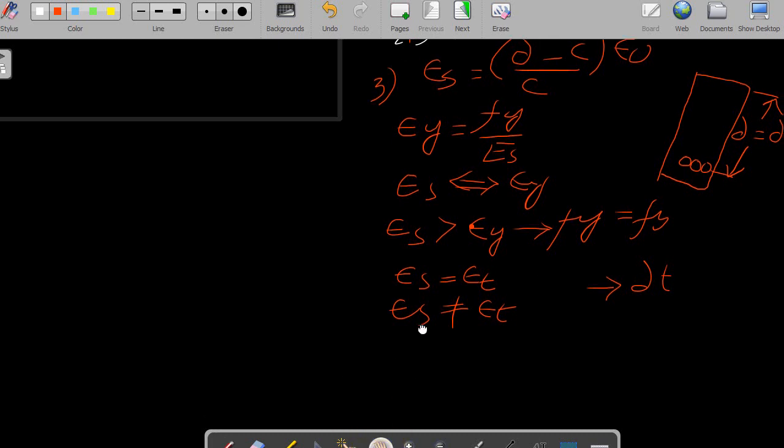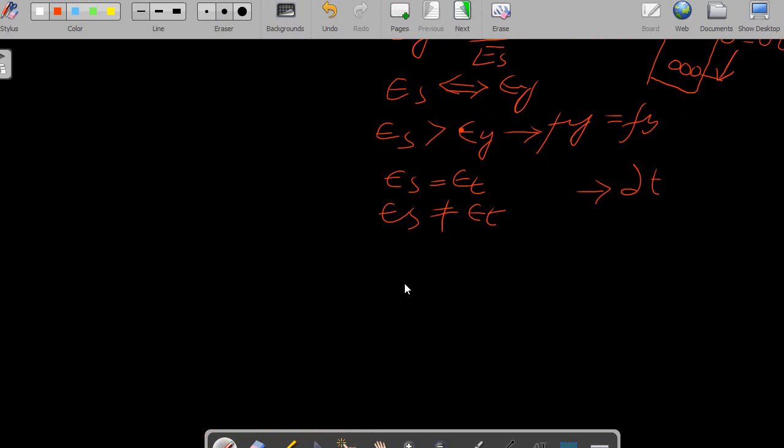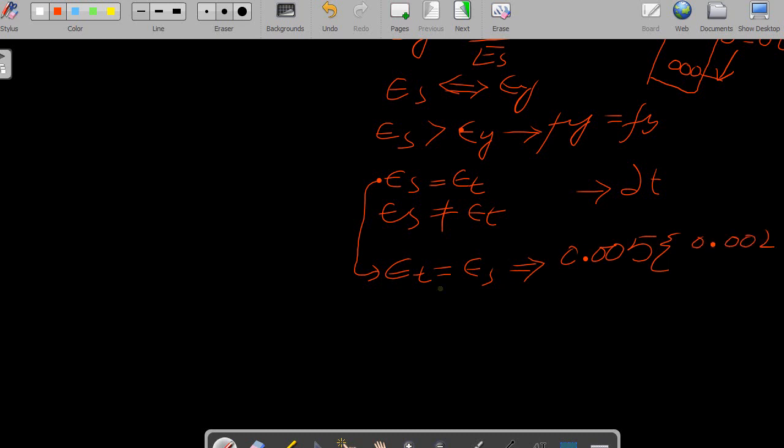So we must make sure that you find out the value of epsilon t. If epsilon s is equal to epsilon t, then it is okay. We will compare this value with two values, 0.005 and 0.002, right? If epsilon t is more than 0.005, then our phi value will be 0.9.